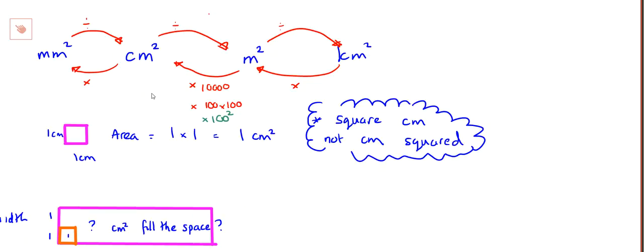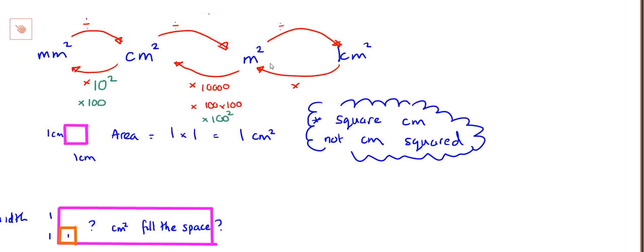Exactly. So centimeters to millimeters is times 10. But centimetres squared to millimetres squared is times 10 squared, which is times 100. Oh my gosh, I get it.